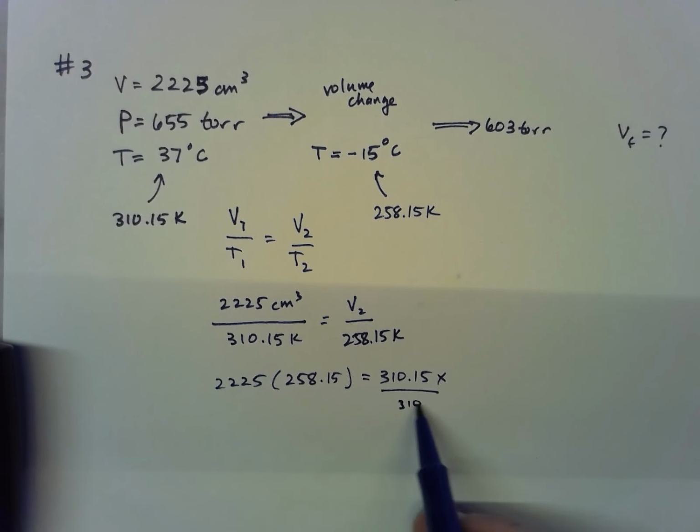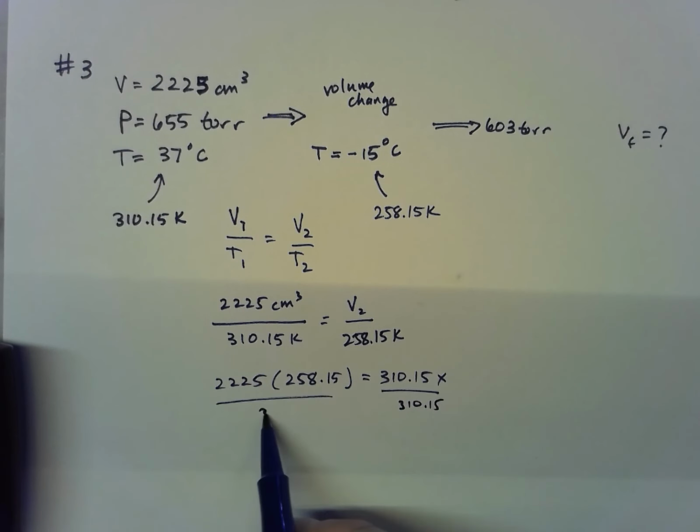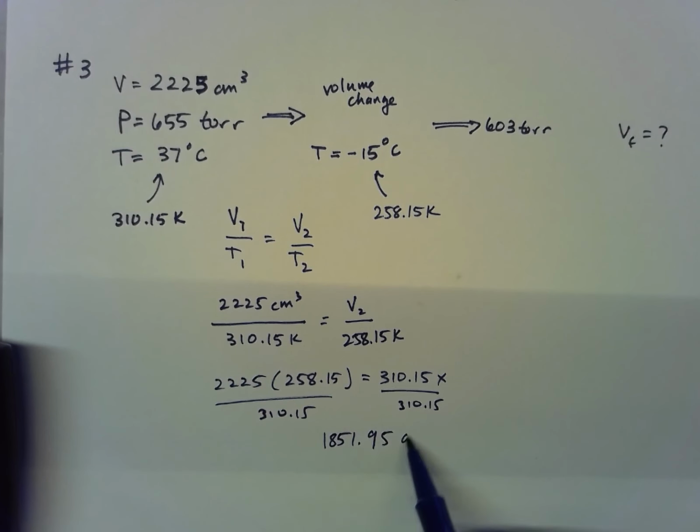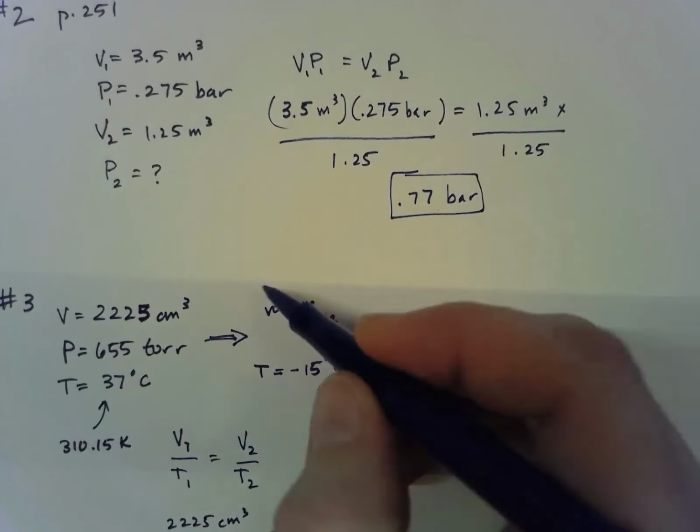Divide by 310.15, and we get 1851.95. And now we've got to decide what our next step is.